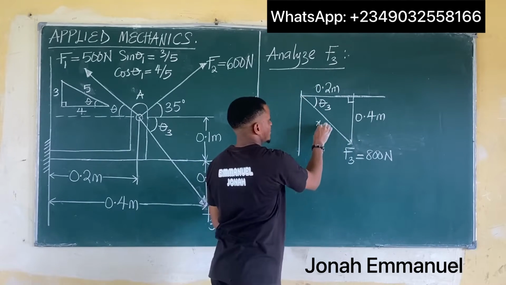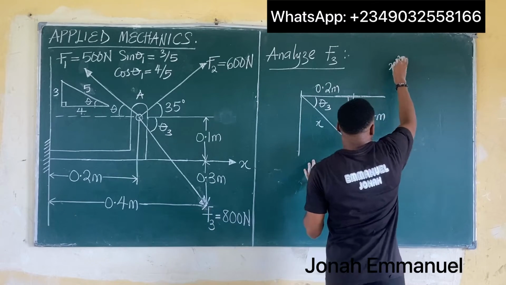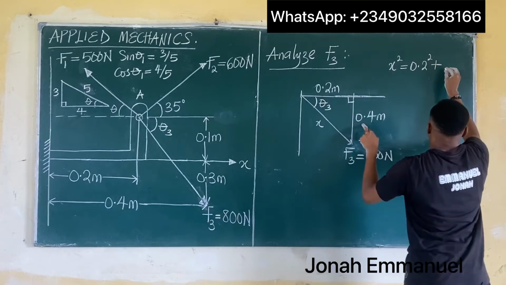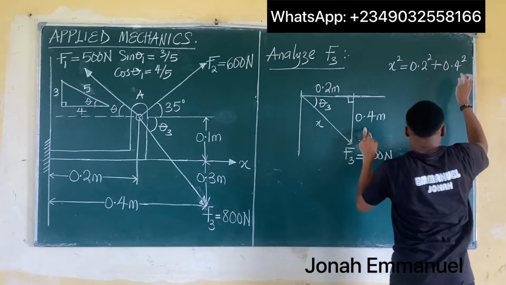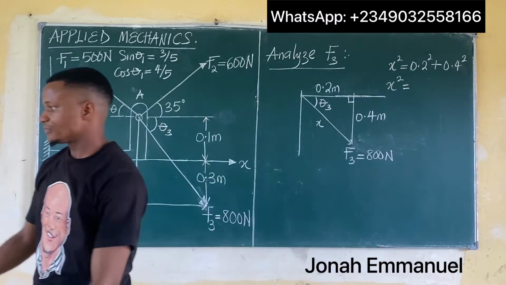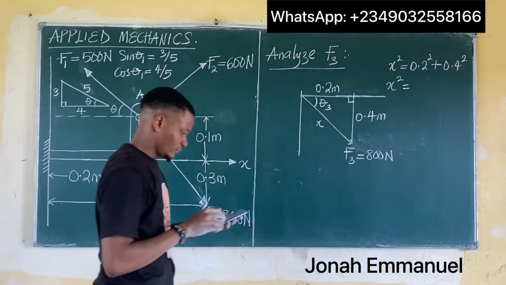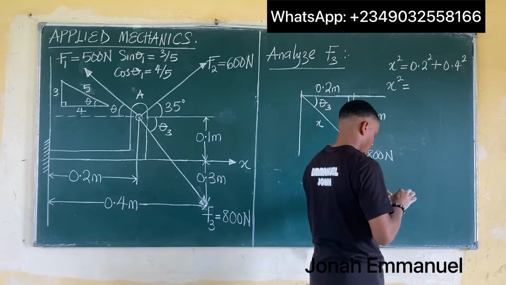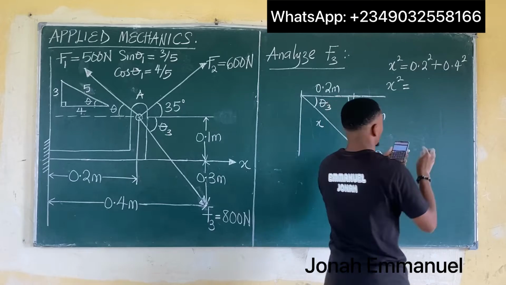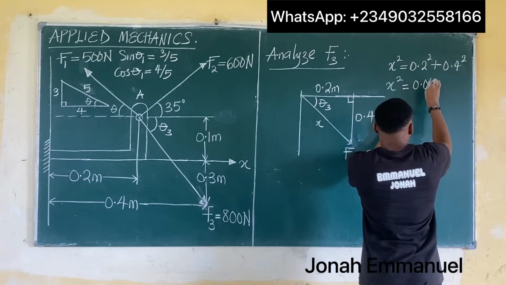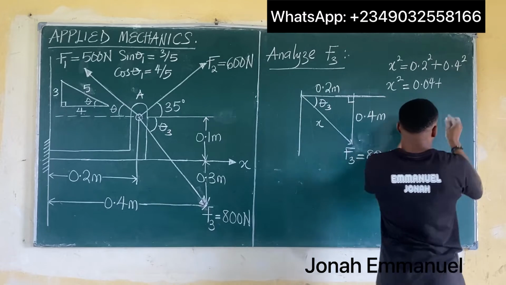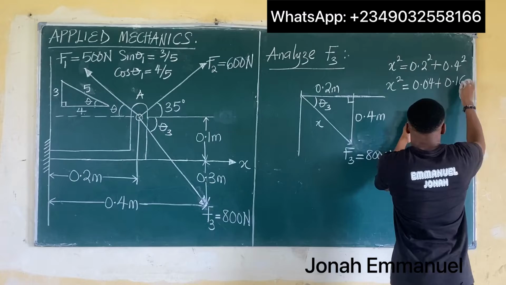Let's call this x. So I'll have that x squared is equal to this 0.2 squared plus this 0.4 squared. So x squared is equal to, let's get these values. 0.2 squared gives you 0.04, plus 0.4 squared gives you 0.16.